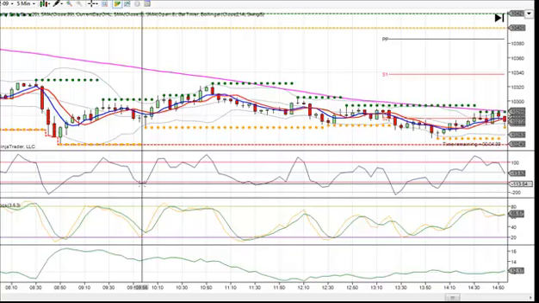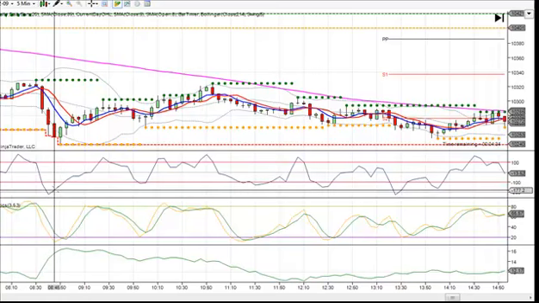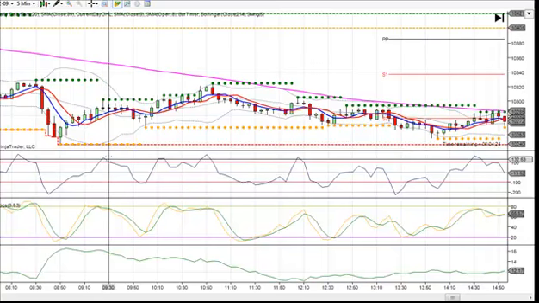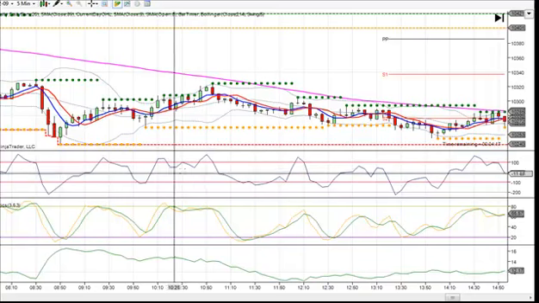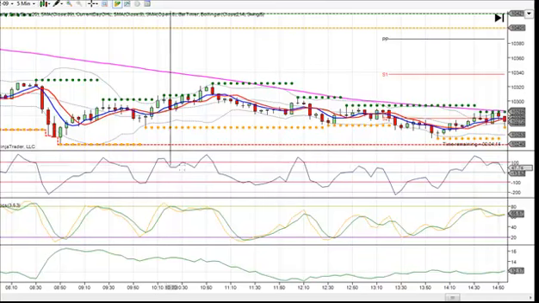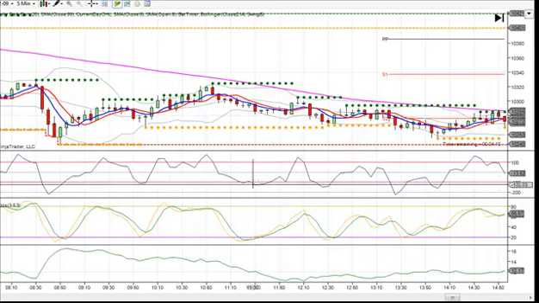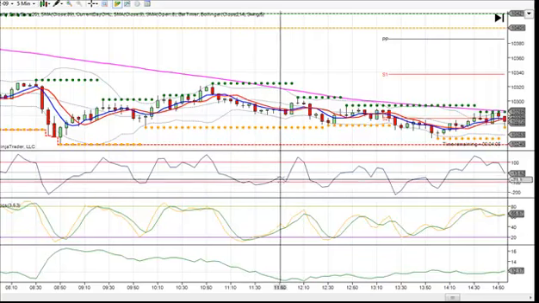And I really like to see an angle like this where there's solid momentum going through the minus 100 to the long side, and you really would have ridden this one up to somewhere around right here, I suppose. When you see the market flopping around like it is right here, I really try to avoid it. Once again, same here. It's kind of just flirting with the minus 100.